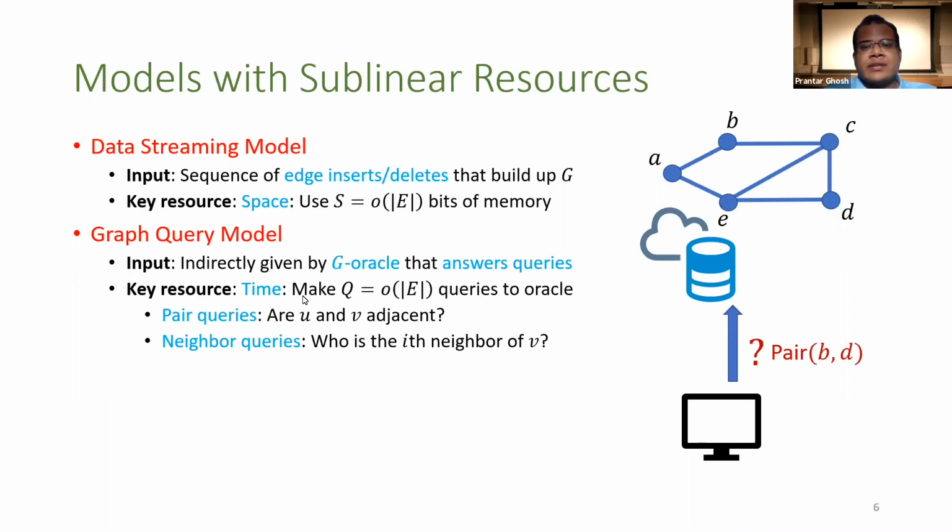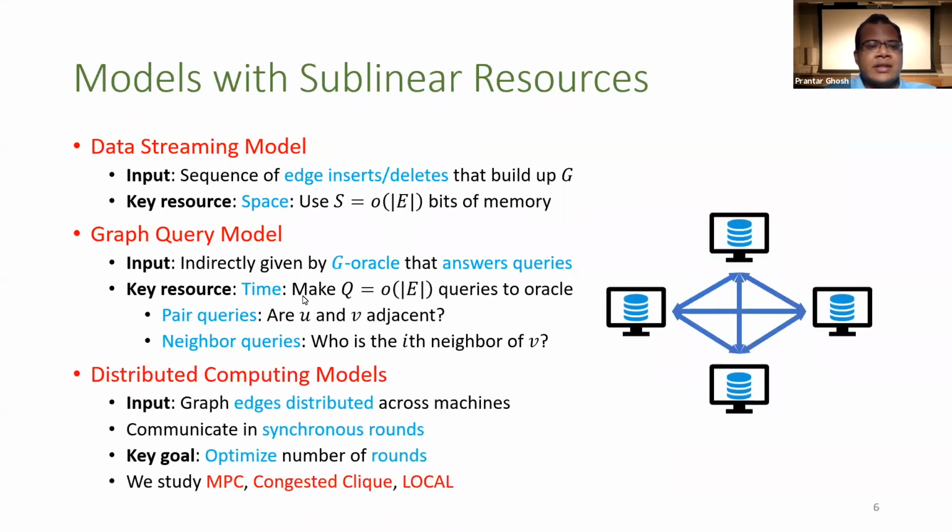For example, in this graph, if we ask if there's an edge between B and D, the oracle would check and reply no. We can also make neighbor queries, which ask for the ith neighbor of a vertex V. Our goal would be to make as few queries as possible, and definitely the number of queries should be sublinear in the number of edges, and making these many queries, we would want to solve the underlying problem.